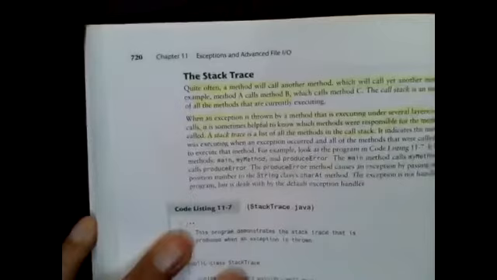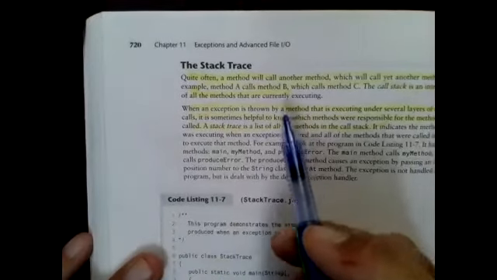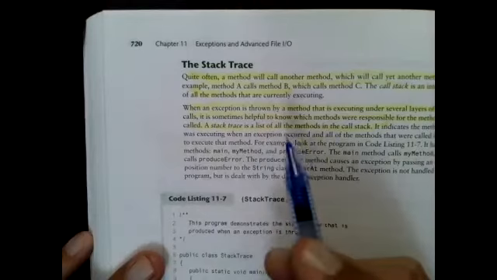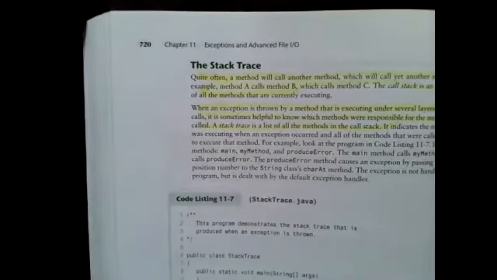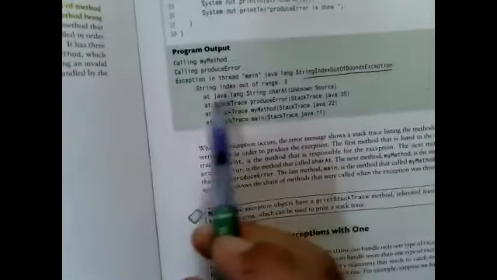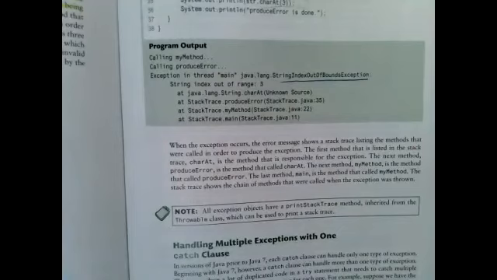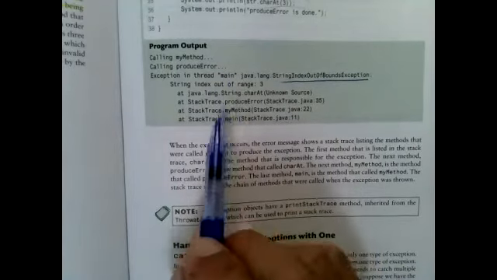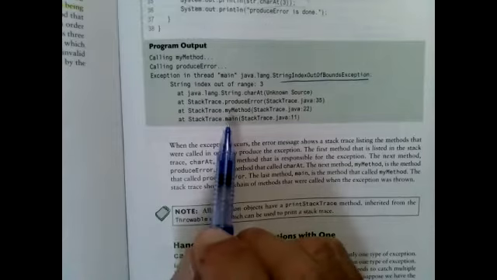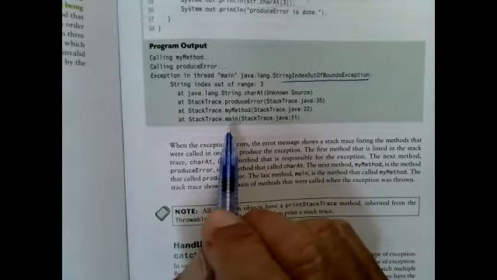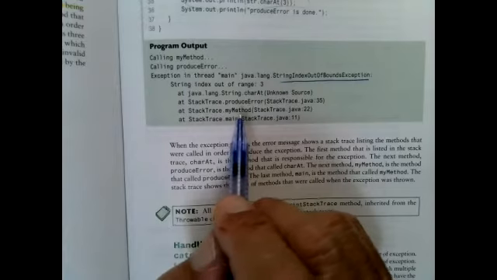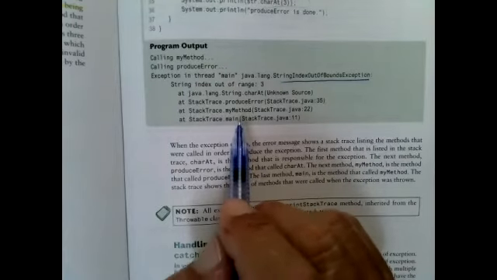Okay, stack trace. This is kind of neat. When we first started programming, we were getting error messages that we had no idea what the problem was. We may have caught string index out of bounds and worked with that. But as you can see here, I can start to look at some of these, and my stack trace says, well, main, I went to something called my method, which was part of the program.